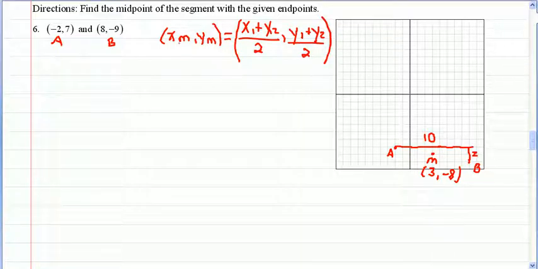And the midpoint is x sub m, y sub m. The first point is x1, y1. And the second point is x2, y2.